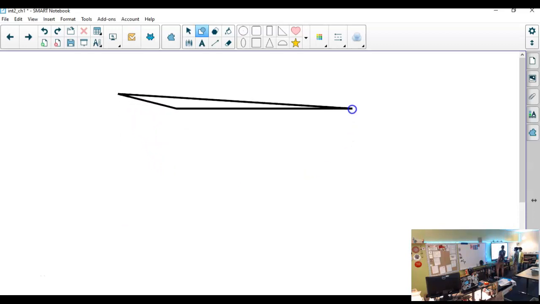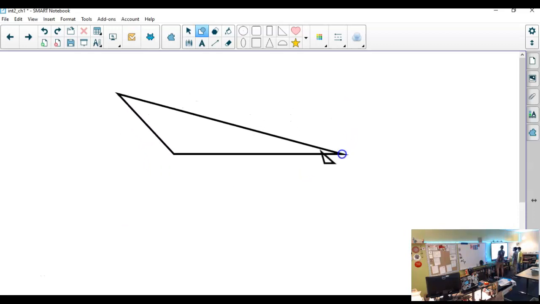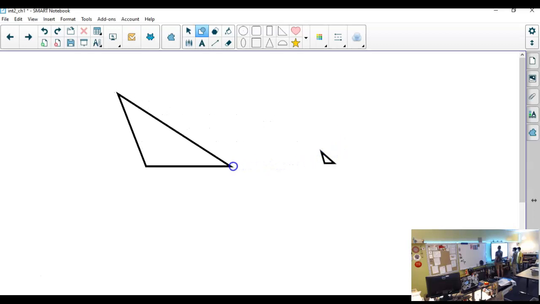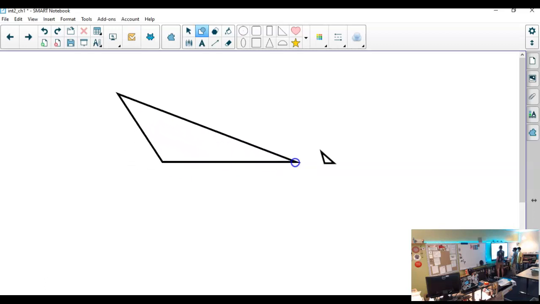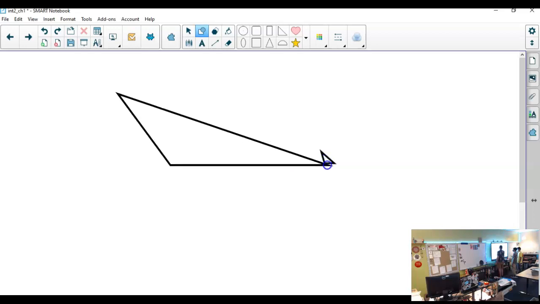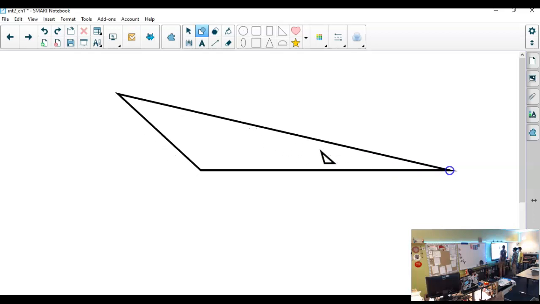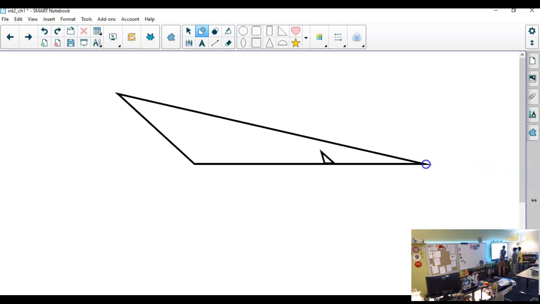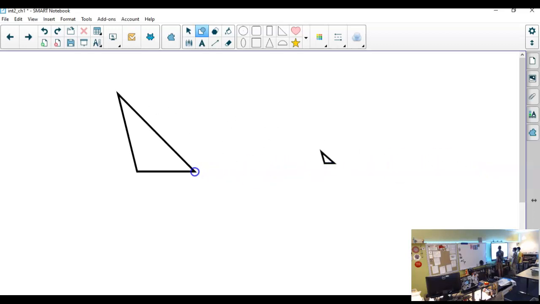As I'm moving this and the angles are changing, if I move it in, this angle is getting bigger or smaller. This spot, this angle where my finger is, from here to here, what has happened to the angle?